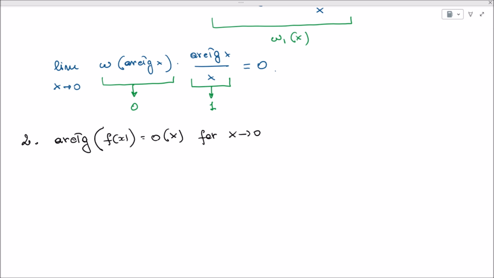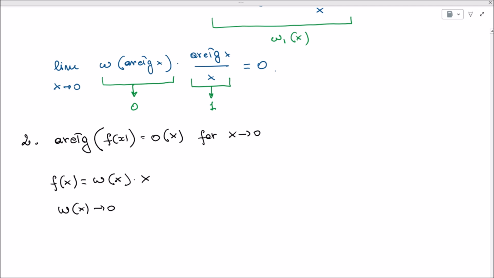Now, we know that f of x is equal to little o of x, so that implies that f of x can be written as omega of x times x, where omega of x of course is something that will tend to 0.